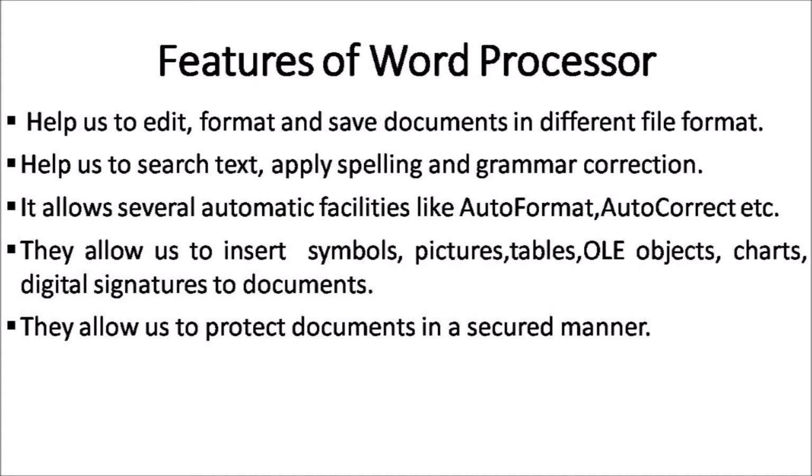After completing the entire document, suppose if you want to search a particular text, we can find text among thousands of words in it. And also we can apply spelling correction and grammar correction. We can check the spelling of each word and grammar of the sentence.